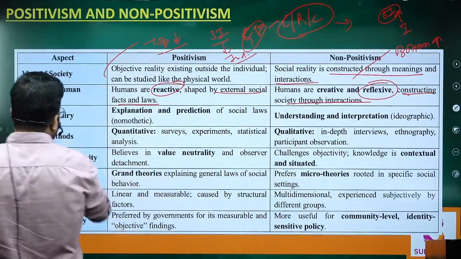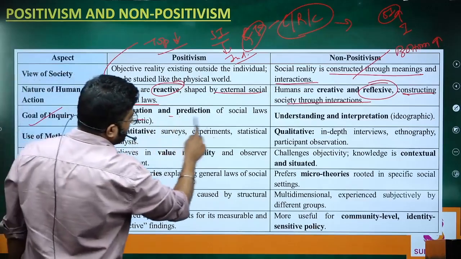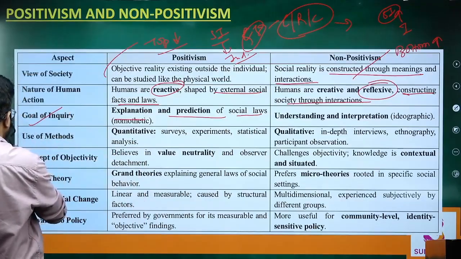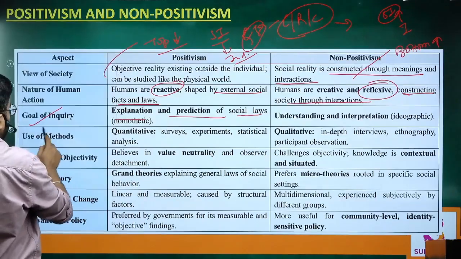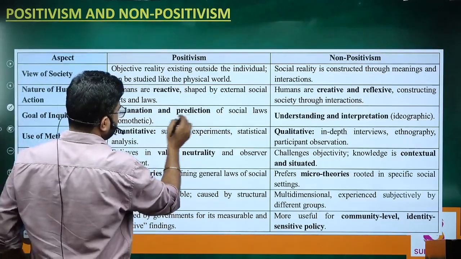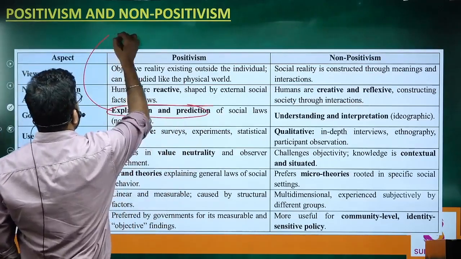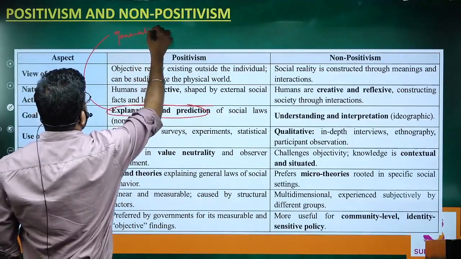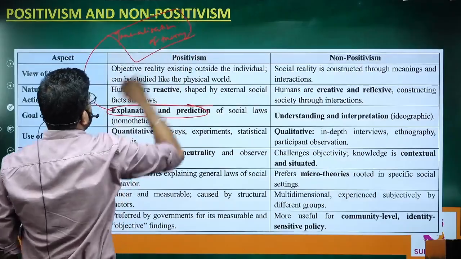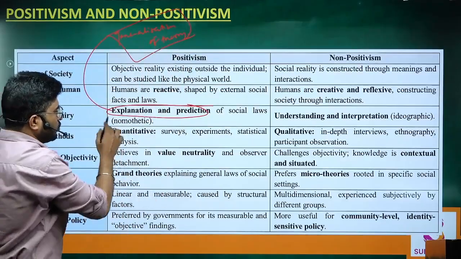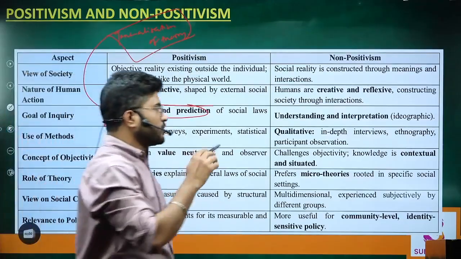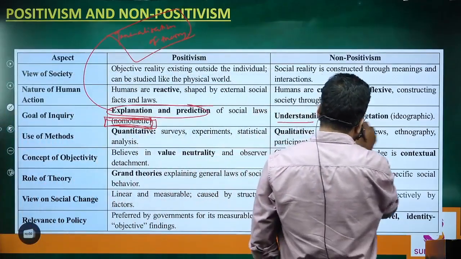Then what is their goal? To explain and predict social laws. Basically they are focusing only on generalization of theory. They are nomothetic in approach, whereas non-positivists are about understanding and interpretation.